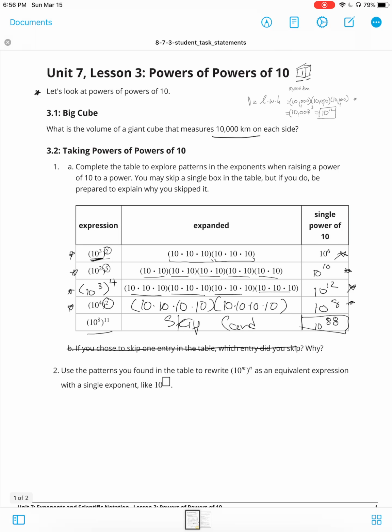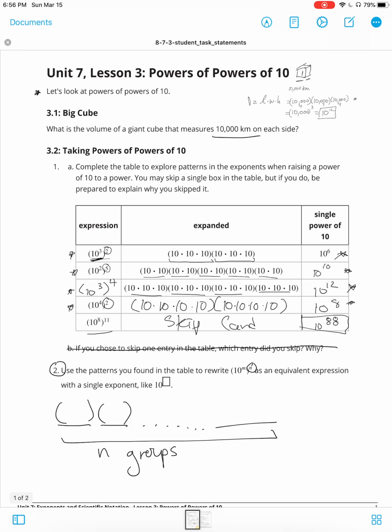Oh, what? I didn't see this. Use the patterns you found in the table to rewrite 10 to the m to the n as an equivalent expression with a single exponent. Well, this means we're going to have n of these, and in each little parentheses, there's going to be a 10 to the m.